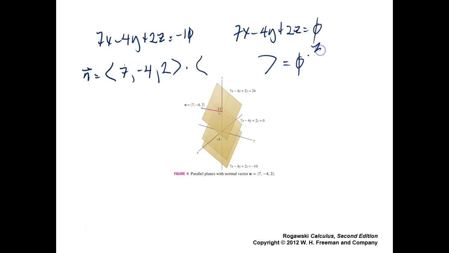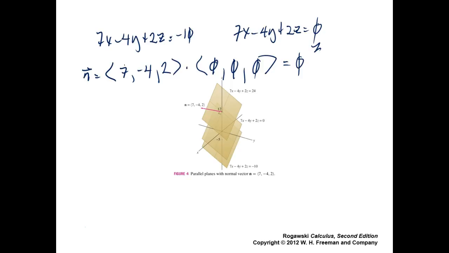That's your D, right? That's how we got that. And what's the only way you can get that to be 0? If all those are 0. So if it goes through the origin, the constant D has to be 0.